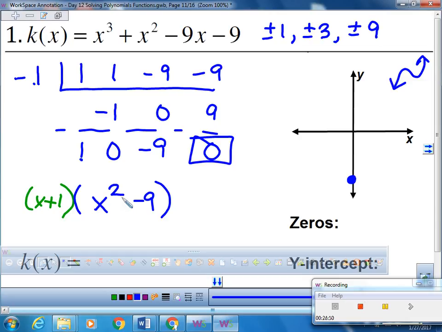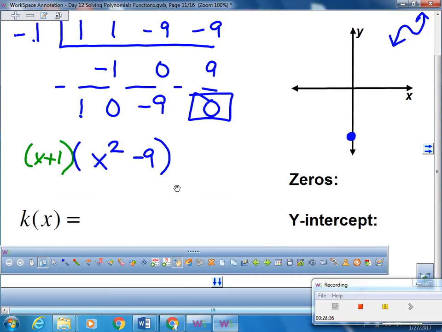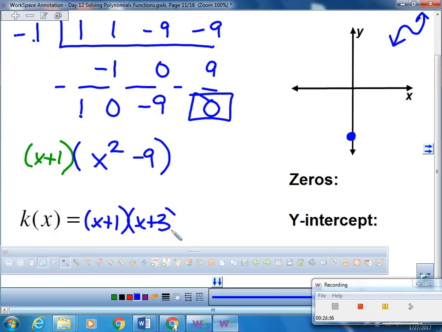Why am I so excited? It's the difference of 2 squares, right? Yay, it's so exciting. It's like Christmas, right? I don't have to do any more work. I don't have to do any more synthetic division. I just scored, right? So my factors are x plus 1, x plus 3, x minus 3.